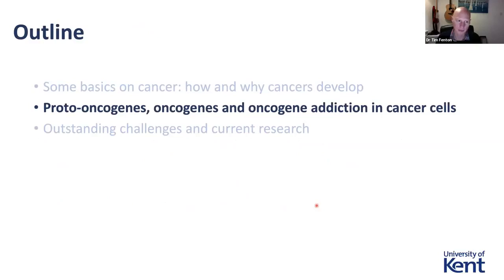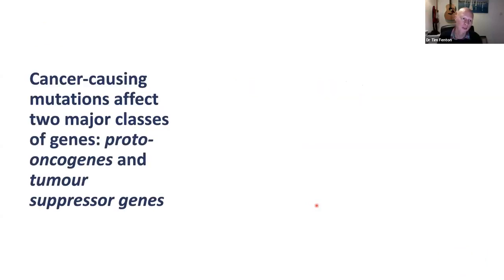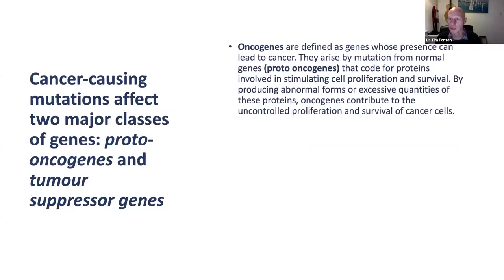So now I'm going to introduce the concept of proto-oncogenes. What exactly do we mean by that term? Cancer-causing mutations affect two major classes of genes. They affect proto-oncogenes, and on the other side, they affect genes called tumor suppressor genes. Today I'm just going to talk to you about the oncogenes.